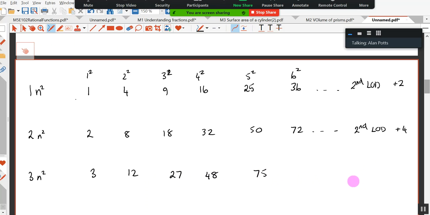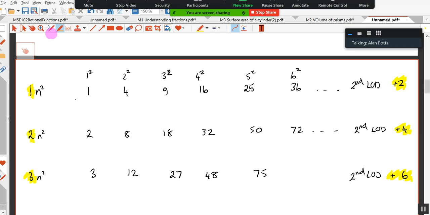And the second line of difference would be, what do you think? Plus 6, yeah? So when it's 1n squared, we end up with a plus 2. When it's 2n squared, a plus 4. When it's 3n squared, a plus 6.